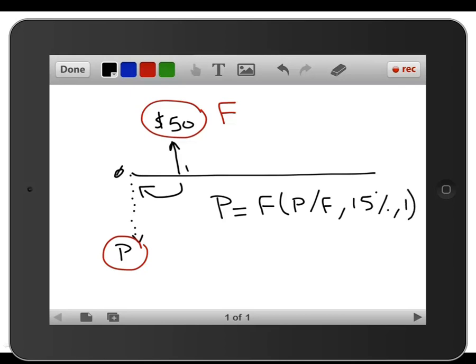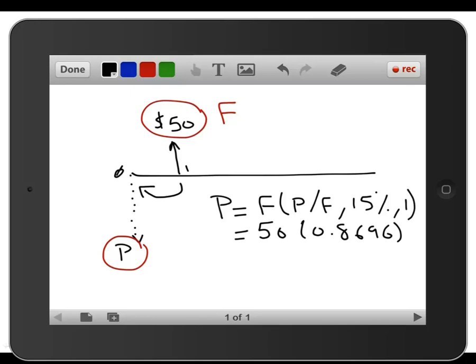And this is year 1. That's why I have here number of periods equal to 1, which will equal $50 multiplied by the factor P given F, which is equal in this case to 0.8696.